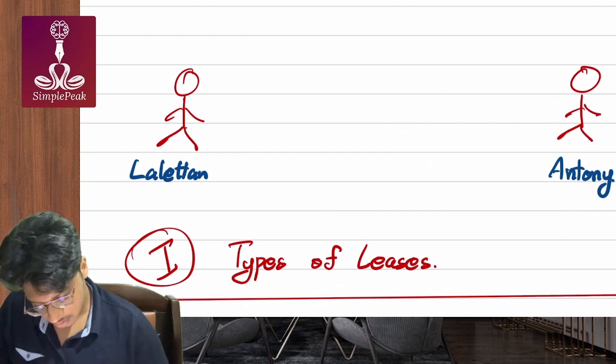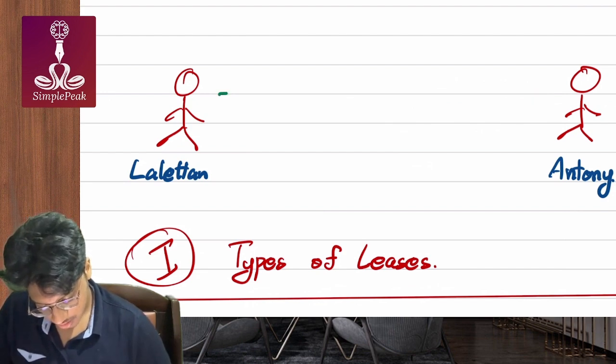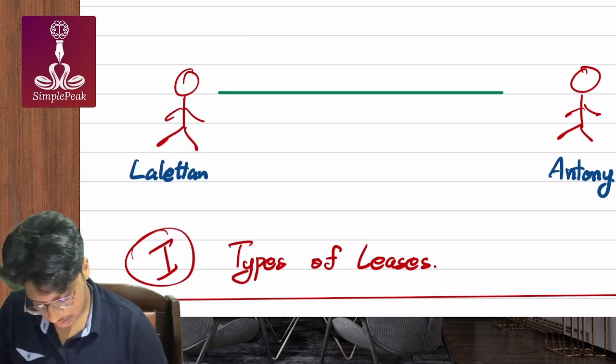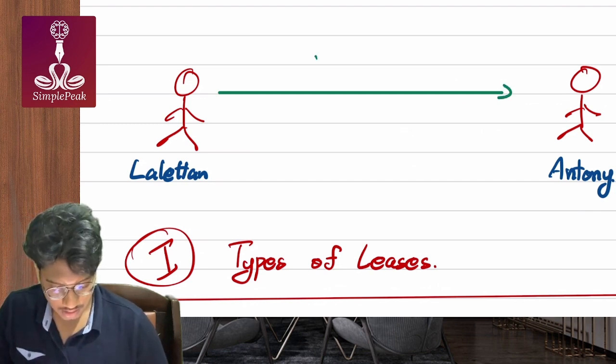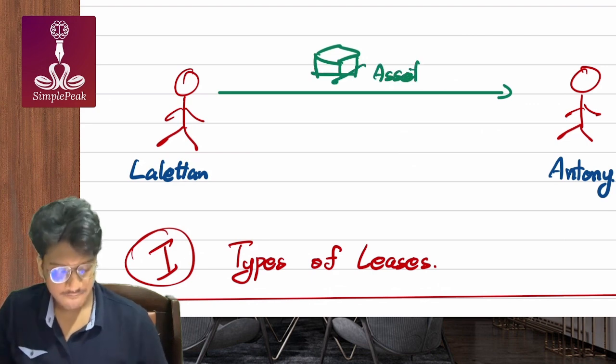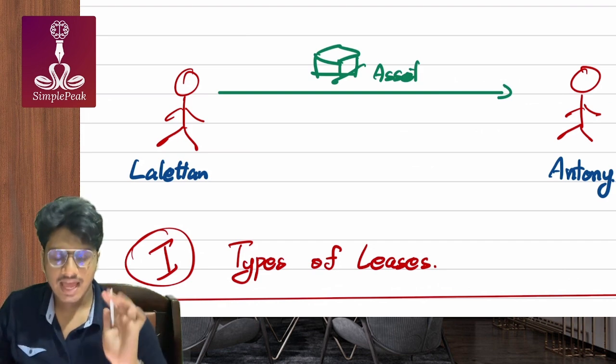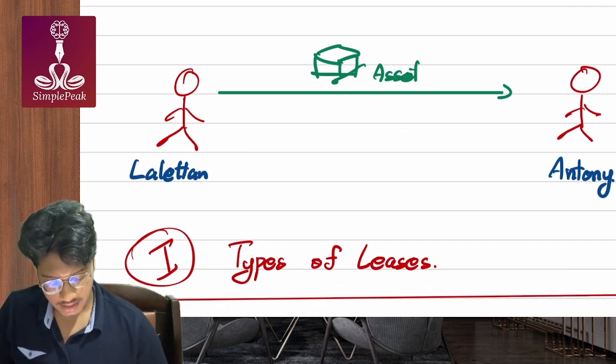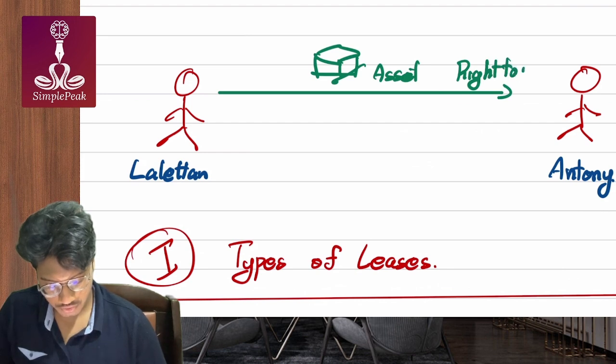Layman has given an asset to Anthony, who has a right to use it for a specific period of time.